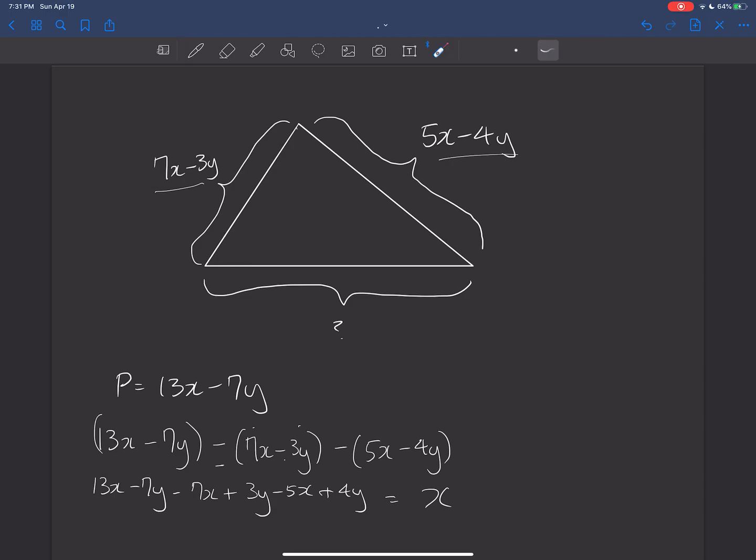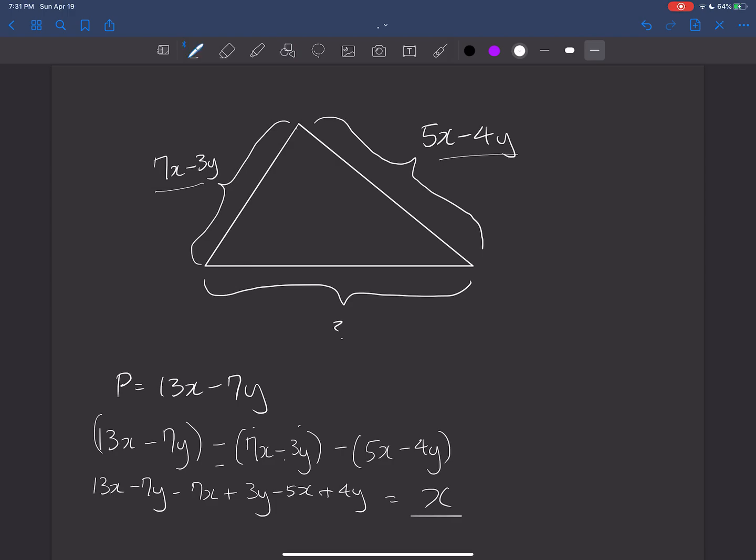In the y terms, we have minus 7y plus 3y plus 4y. So minus 7 plus 3 plus 4, which is actually 0. So we find that x is the length of the third side that we were looking for.